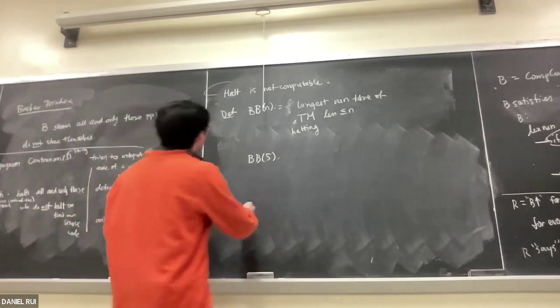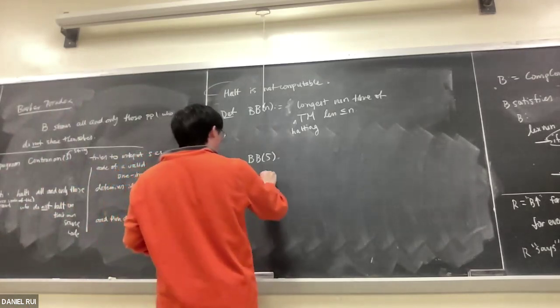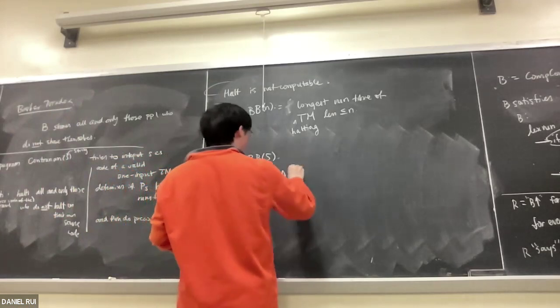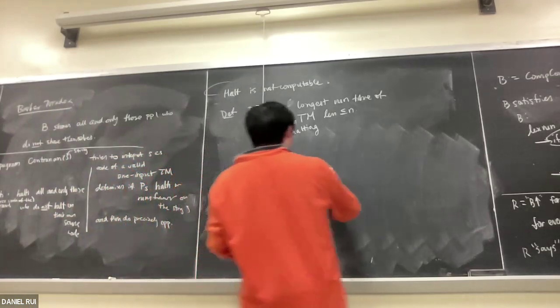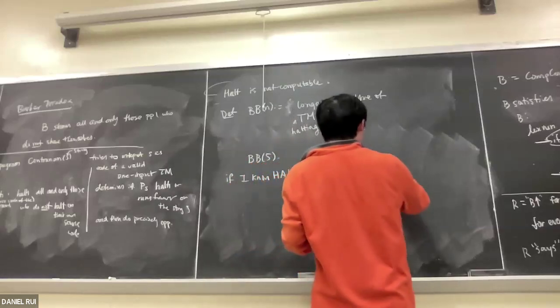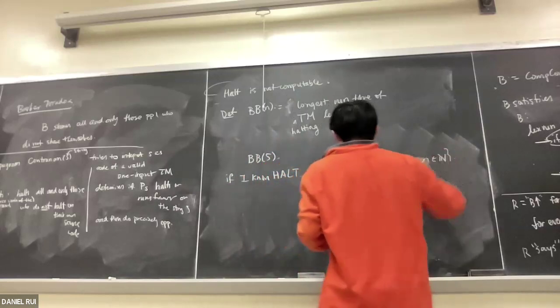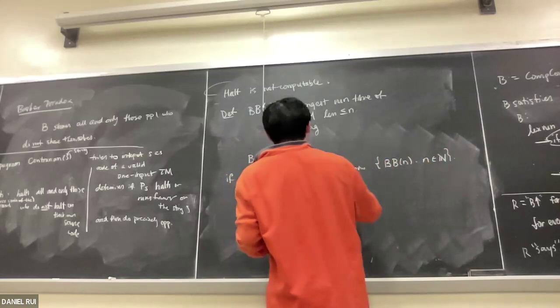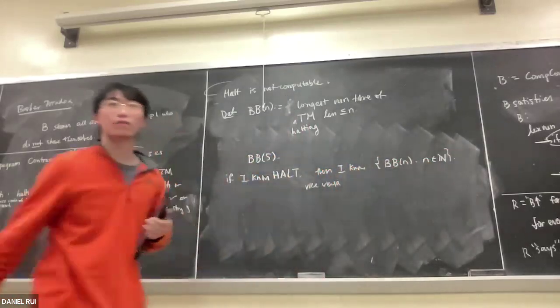So if I know halt, then I know the entire set BB of n, and vice versa as well. If I know BB of n, then of course I can figure out halt.